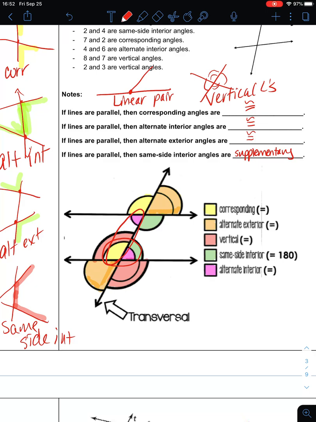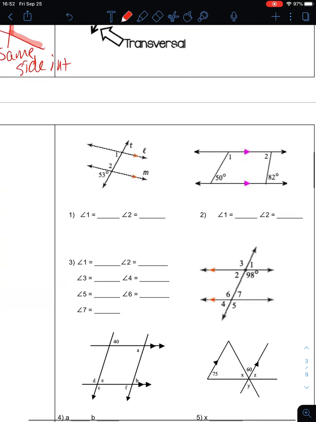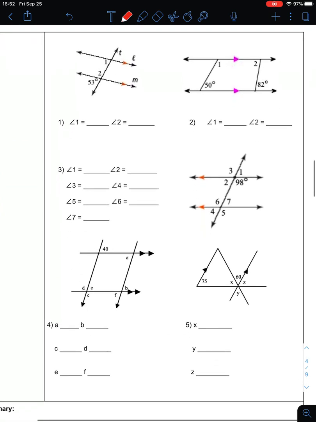Since that pink angle is the same on both sides because it's alternate interior, if it's supplementary with the yellow when they're down here, then it's also supplementary with it when it's over here. If you notice, this yellow angle and this pink angle are same side interior angles. And so that is why all same side interior angles are supplementary, because we can work it out through the other information that we have.